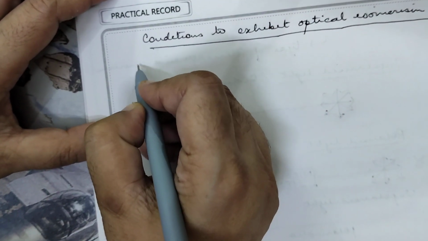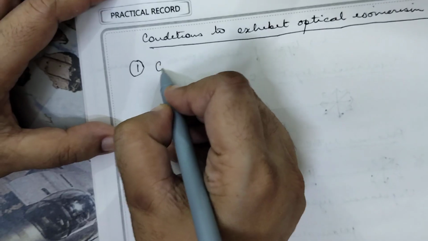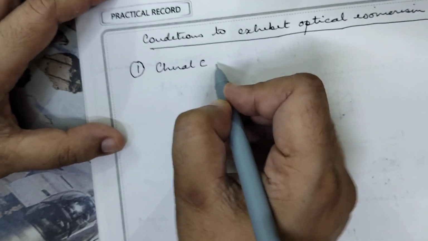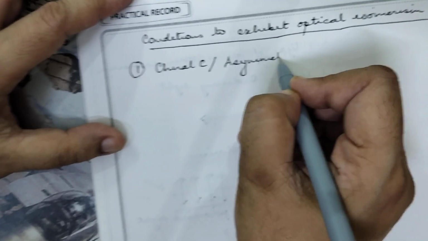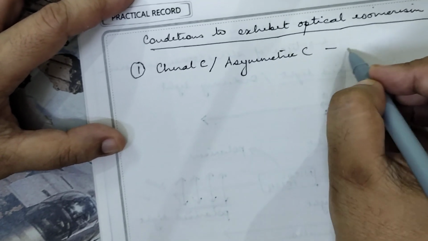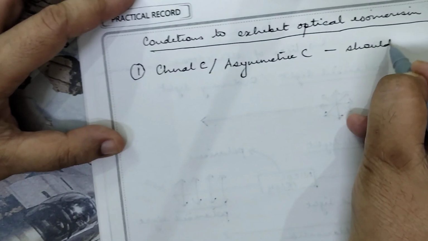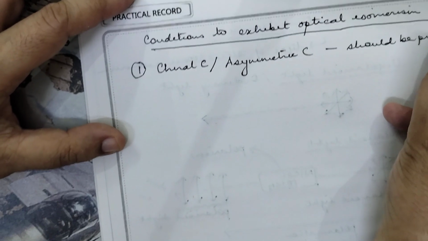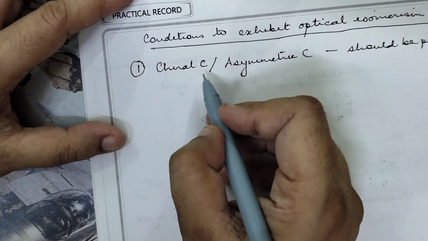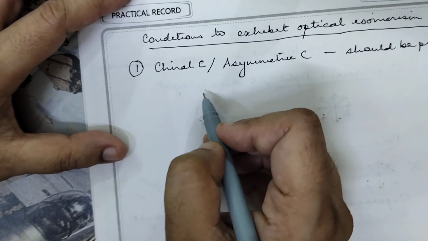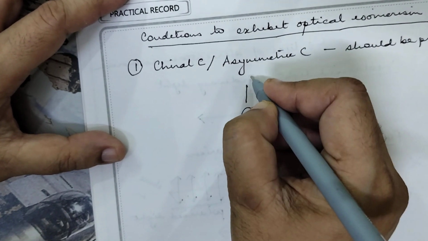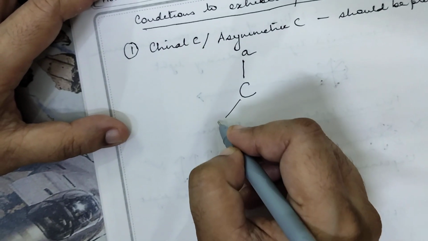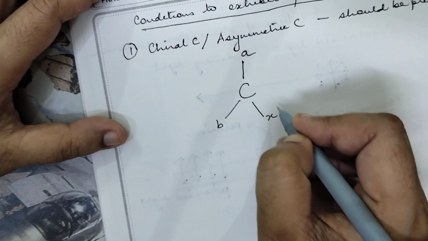There are two conditions. First of all, a chiral carbon, which is also called asymmetric carbon, should be present. Now the question is, what is a chiral or asymmetric carbon? A chiral or asymmetric carbon is a carbon which is connected to 4 different groups.